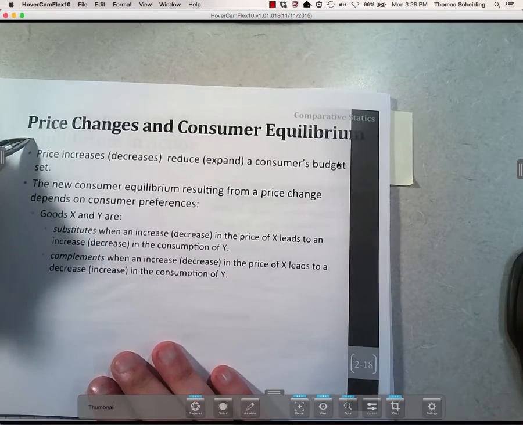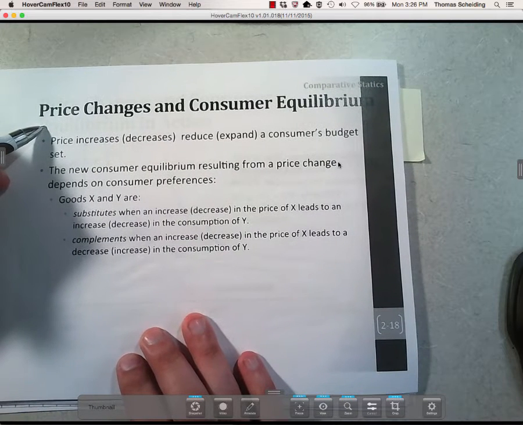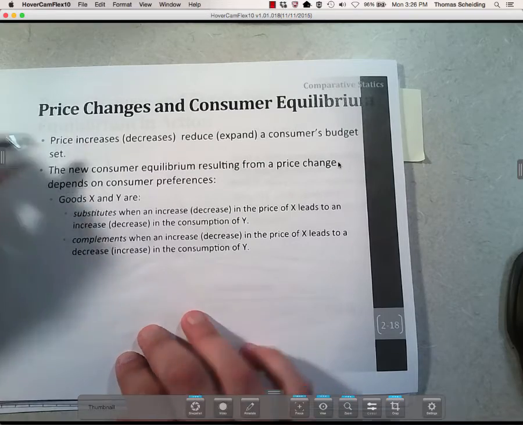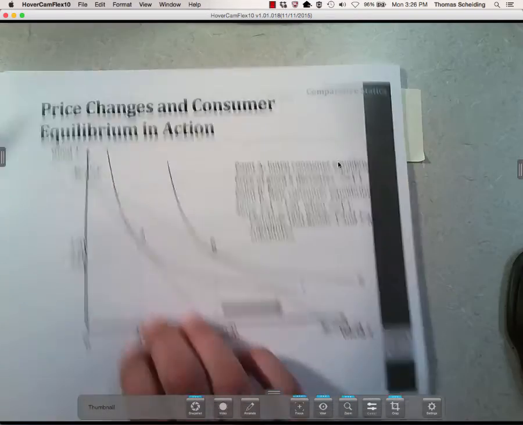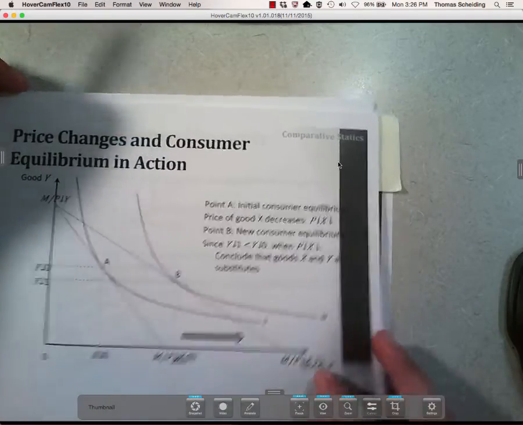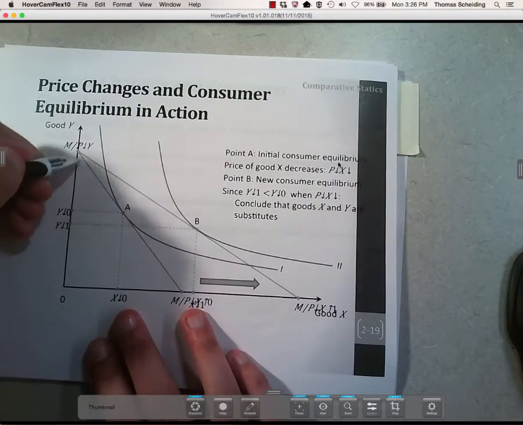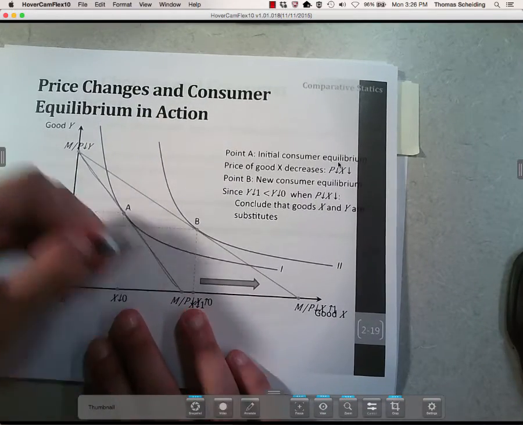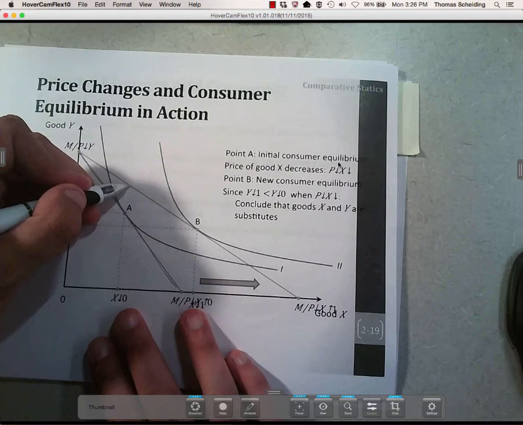Well, the easy one would be what happens to the budget constraint and indifference curve when we change the price. What we know happens, let's just skip to the graph here, is that the budget constraint line pivots outward.